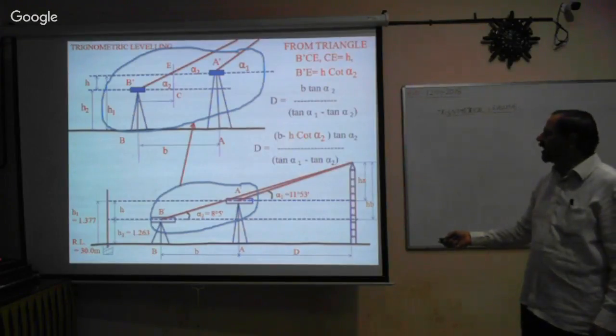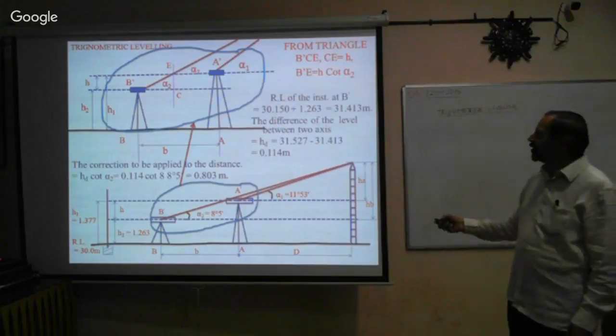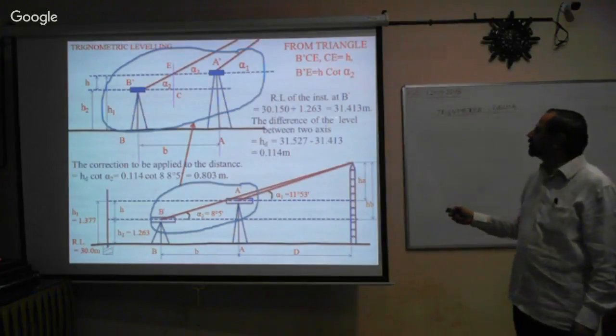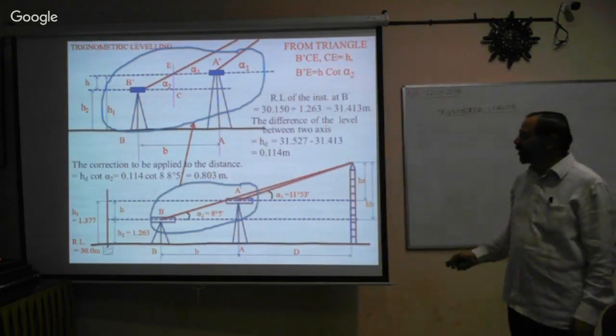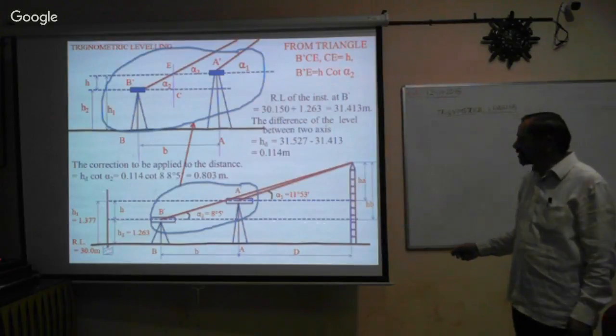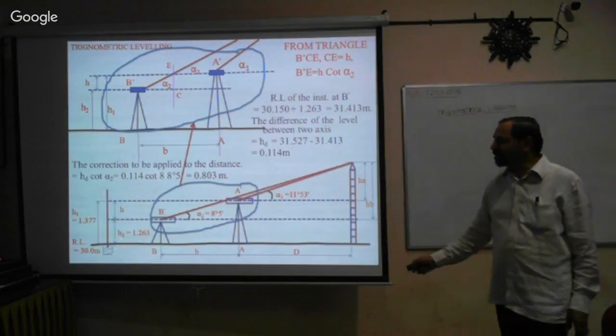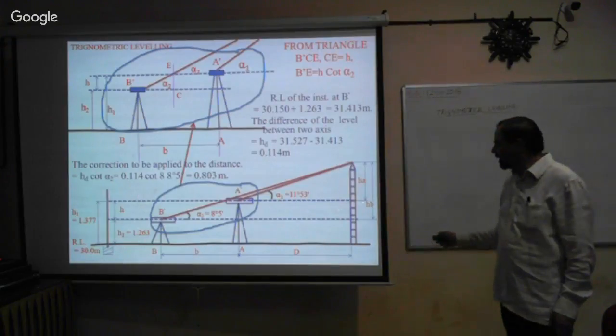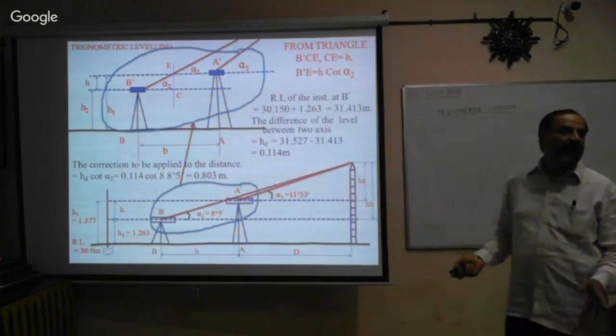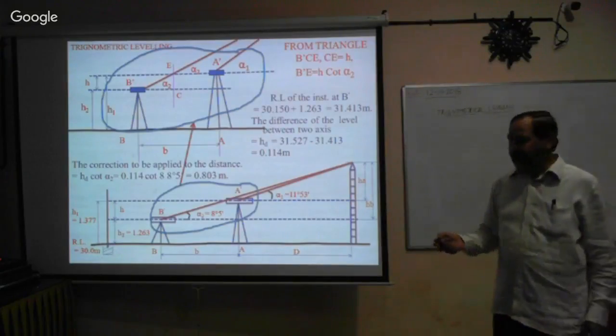Then substitute the values. The RL of P can be calculated from the benchmark plus staff reading plus HB. Similarly, benchmark plus staff reading plus HA. Whichever way you want, you can calculate it.